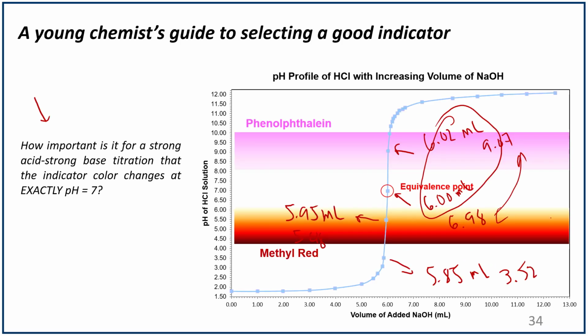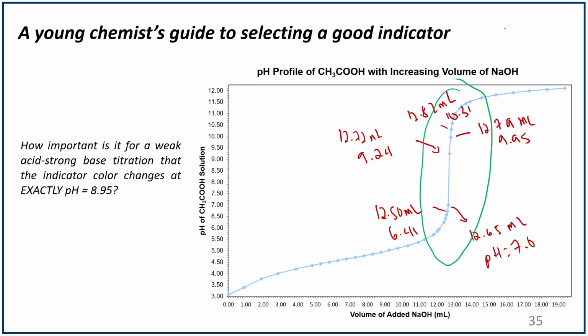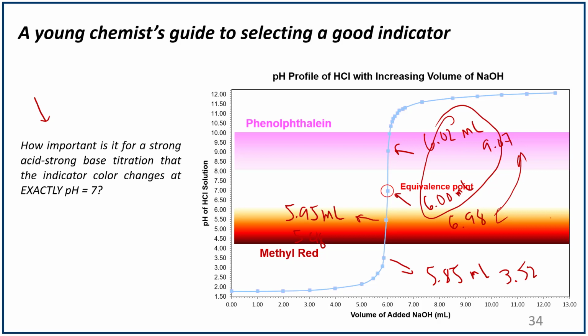So if you were to consider what indicator you should pick, let's go back to the first one, by the way. For here, I forgot to mention, but you can use methyl red as well. So you can use phenolphthalein, but you can also use methyl red. Methyl red changes pH at around 5.50, and again, we have said earlier that 5.95 is a good estimate of 6.